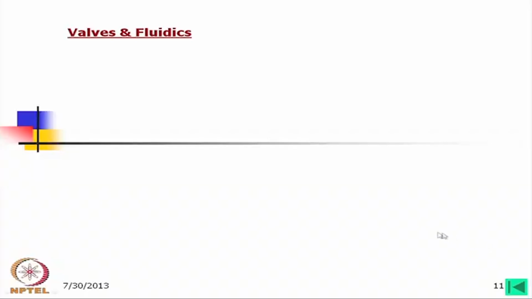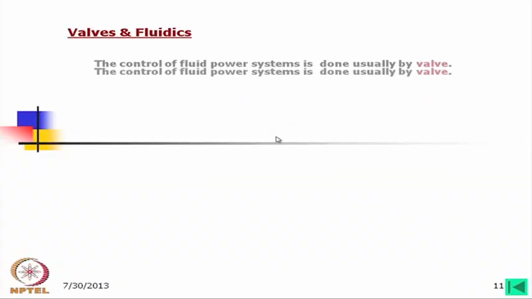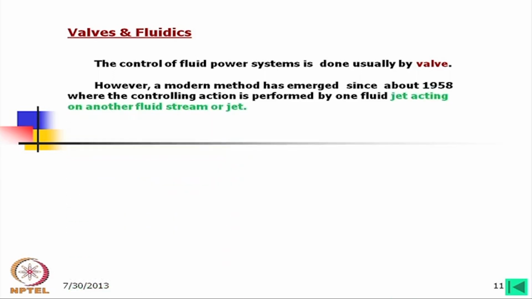Now, valves and fluidics. The control of a fluid power system is usually done by the valve, which we have mentioned earlier. However, a modern method has emerged since about 1958, where the controlling action is performed by one fluid jet acting on another fluid stream or jet.